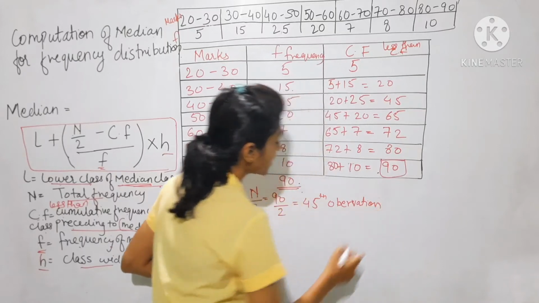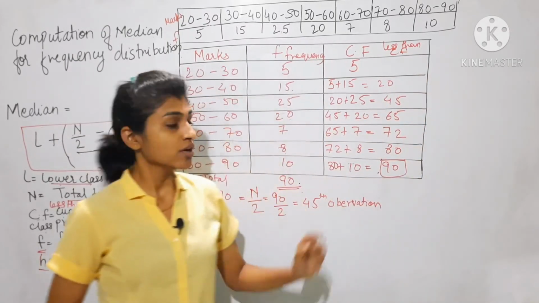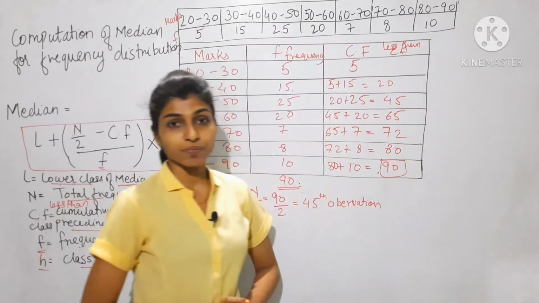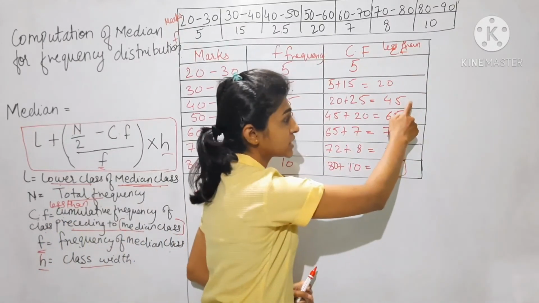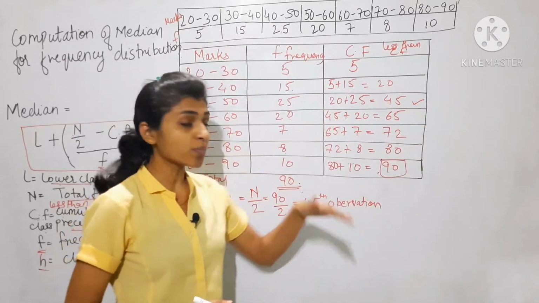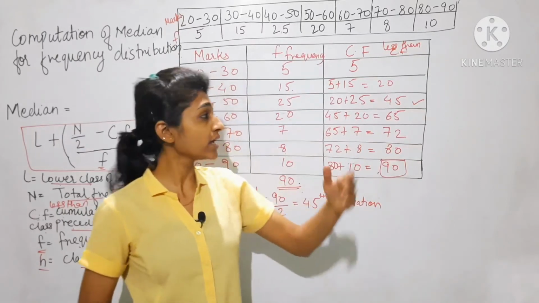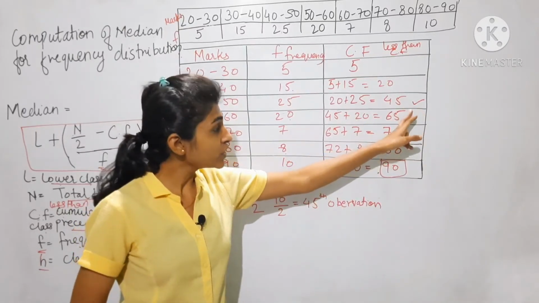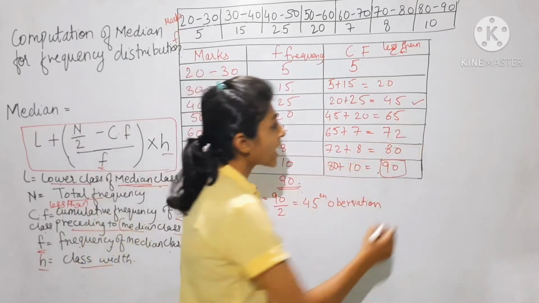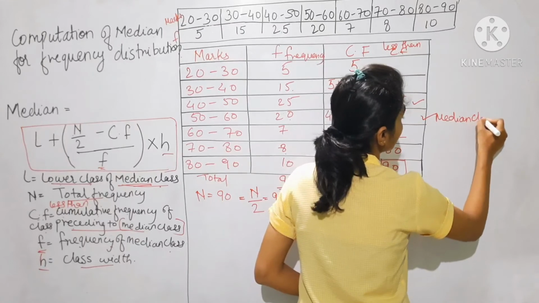Now for the 45th observation in this cumulative frequency, find where 45 is. Okay, now 45 is here, and just greater than the 45, which is the next observation, that observation will be your median class.